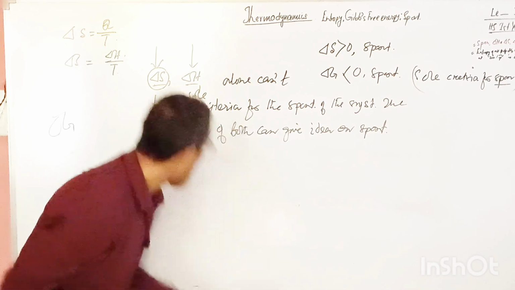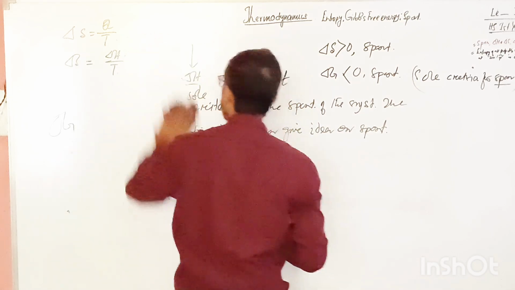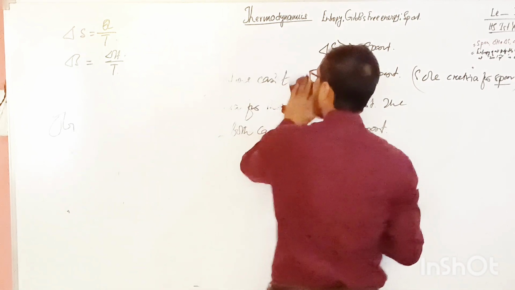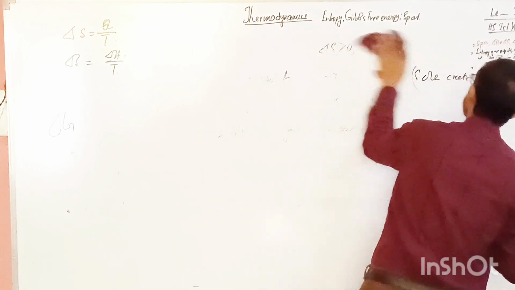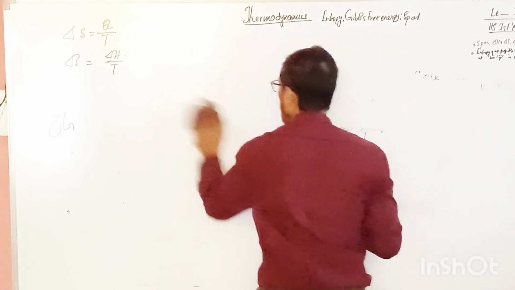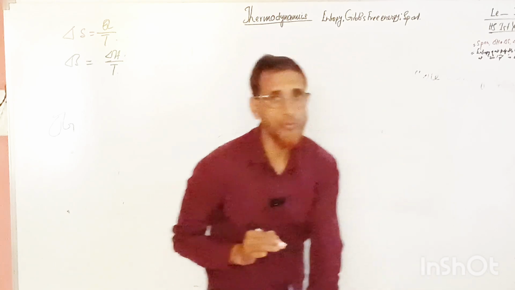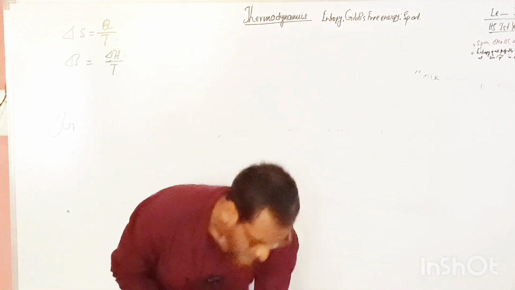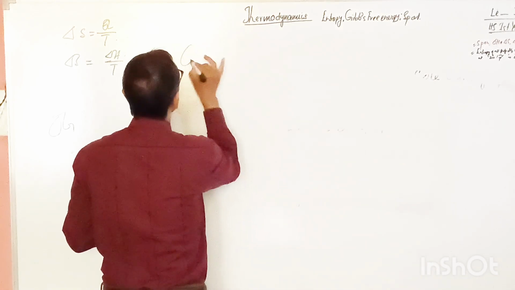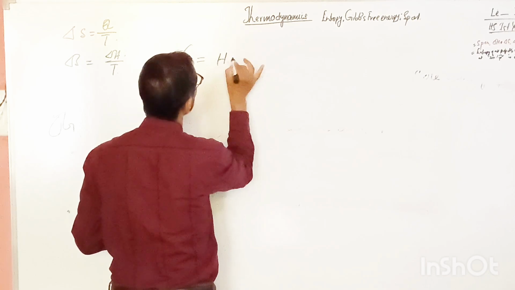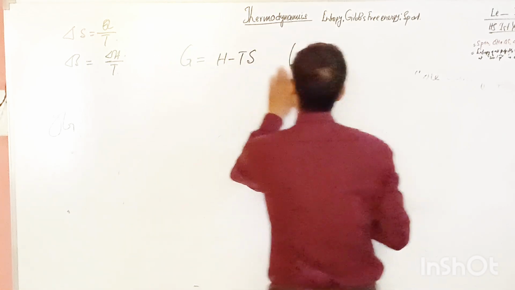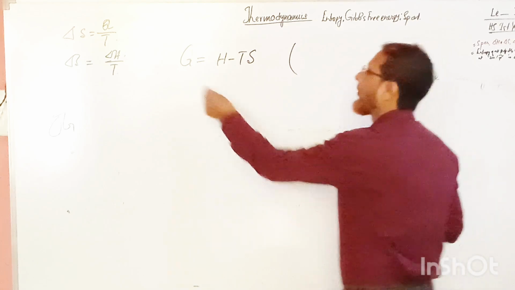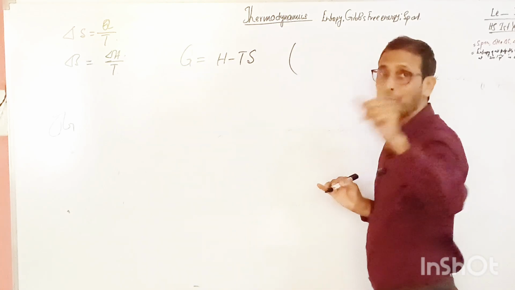Am I right? So to find the spontaneity of a process in terms of Gibbs free energy, we need both terms to come together. We know this is a relation where Gibbs free energy I have already defined.